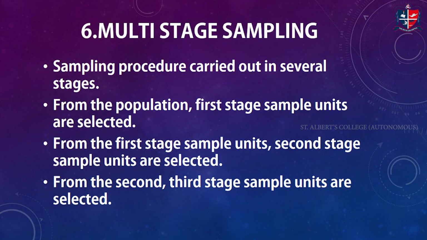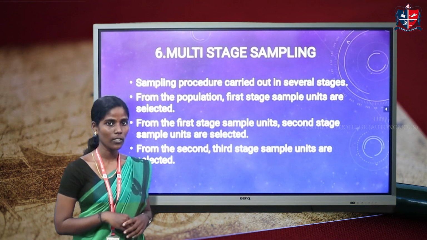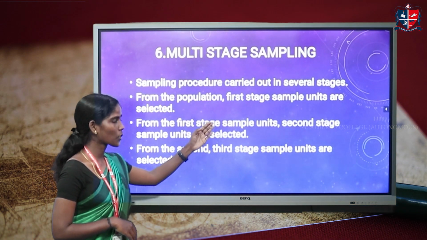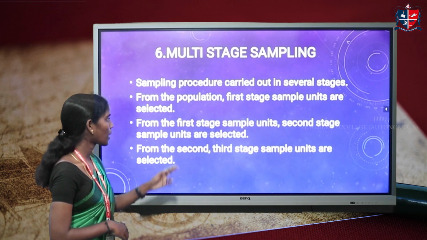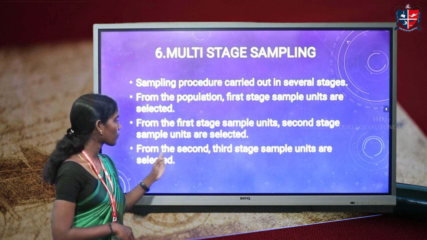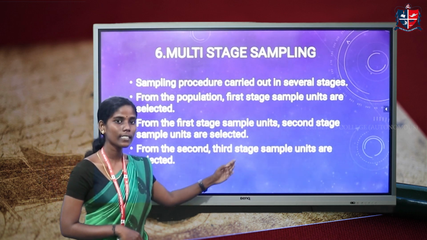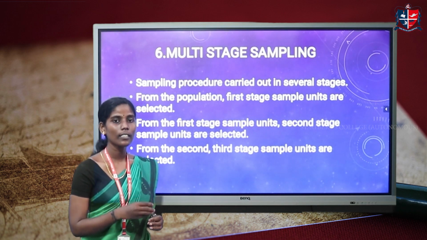Next one, multi-stage sampling. The sampling procedure is carried out in several stages. From the population, we select the first stage sample. After that, we select the second stage sample. Then from the second, we select the third stage sample. And the procedure goes on until we get the required number of units.